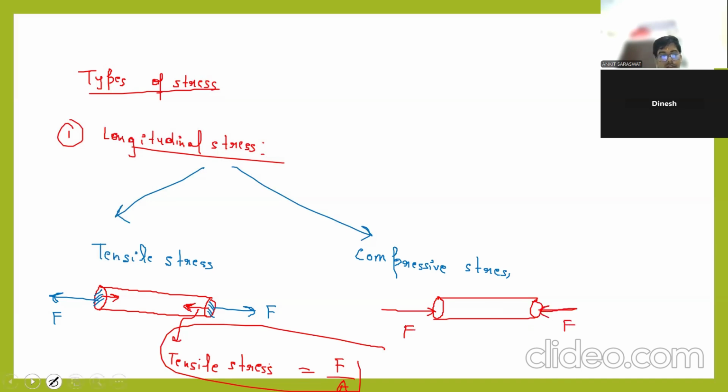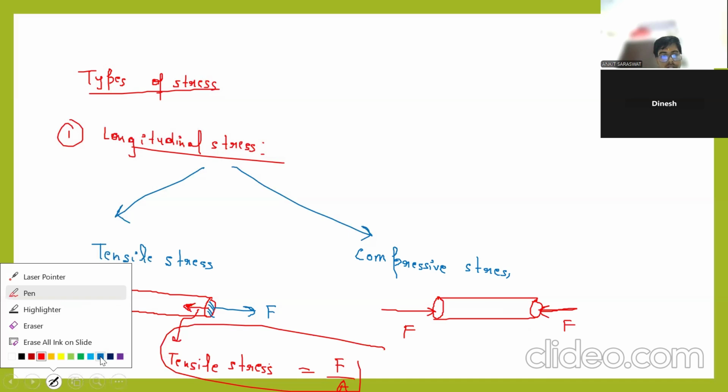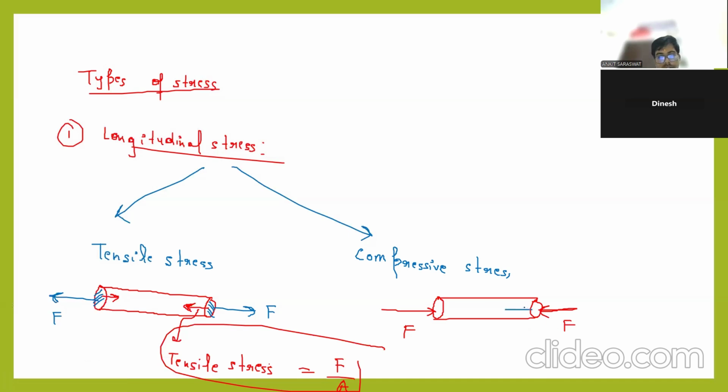When you compress, in which direction will the restoring force act? Like this. This is the restoring force. Under static equilibrium, both are equal. Here compressive stress will be F by area. This is the area of cross section. Understood?